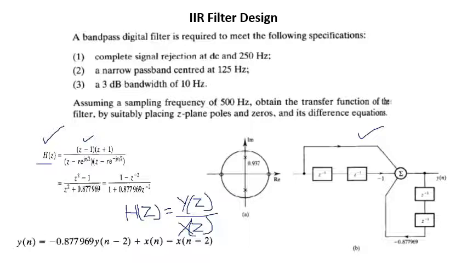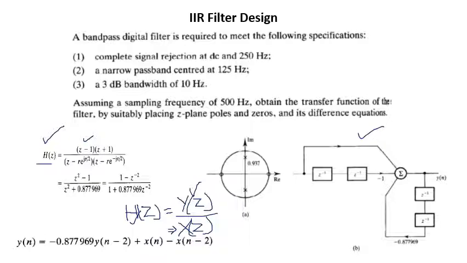So that means x of z is divided here, so just multiplying h of z with x of z will be equal to y of z, and that's straightforward, because you understand in time domain the output is equal to the convolution of the response with the input, whereas in frequency domain output equals the product of the input with the system function.